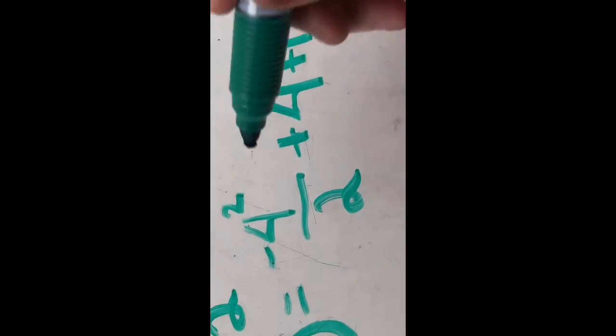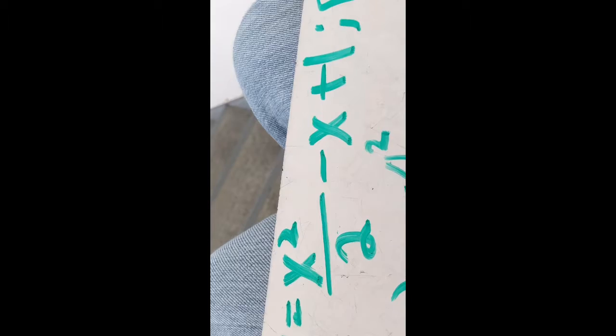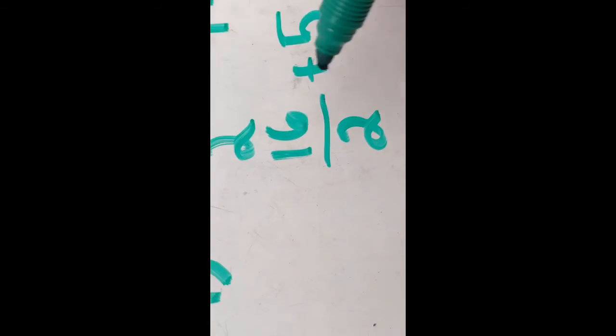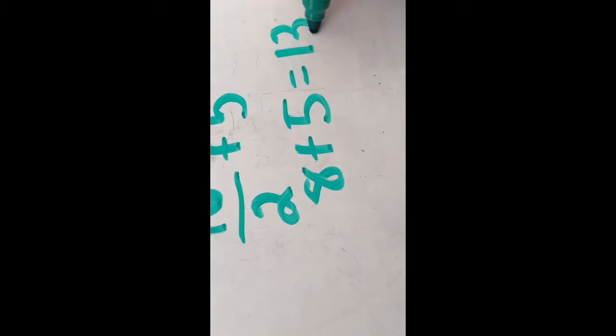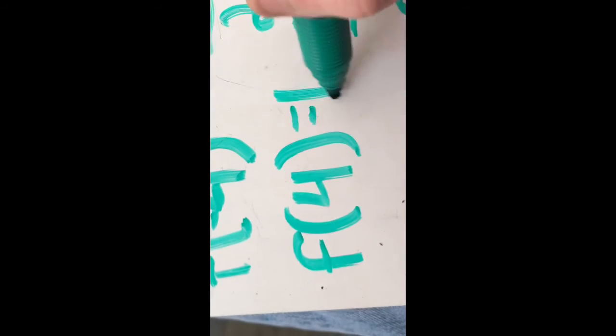So negative 4 squared is 16 over 2 plus 5. This is 8 plus 5, which is 13. So f of -4 is 13.